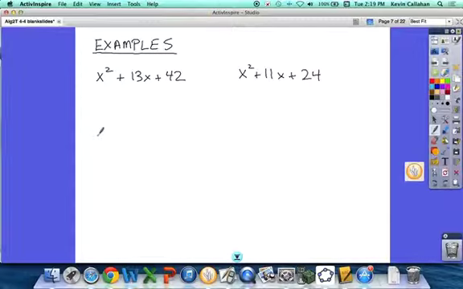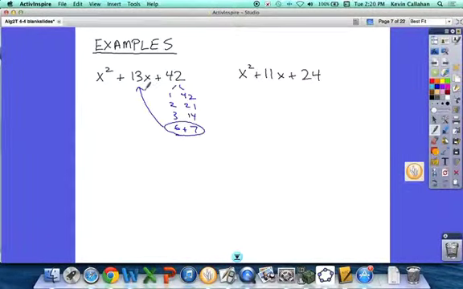If it doesn't, then you're going to have to list all the factors, right? 42 would be 1 times 42, 2 times 21, 3 times 14, 6 times 7. So which one of those pairs of numbers, when you add it up, you get 13? It's this one, right? 6 plus 7, 13. Okay.